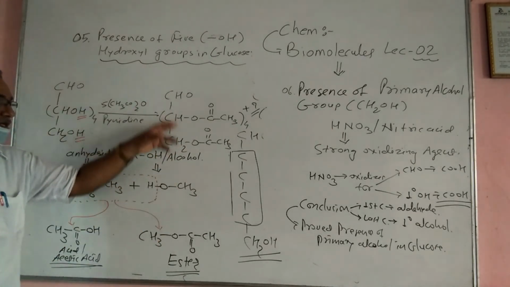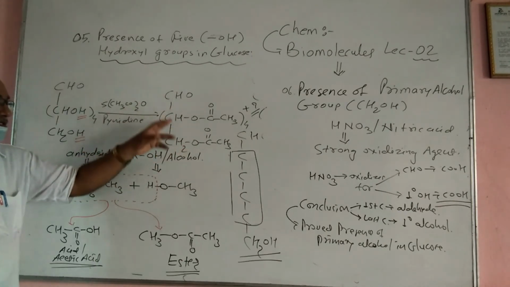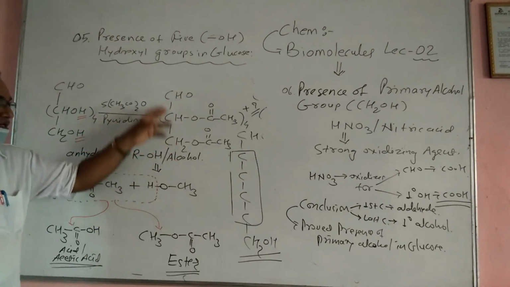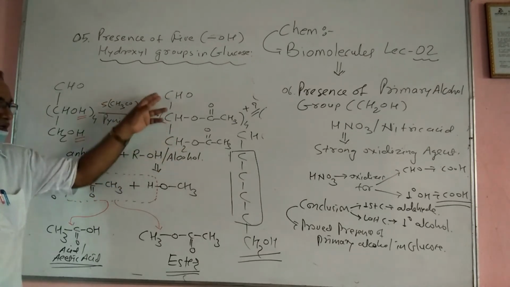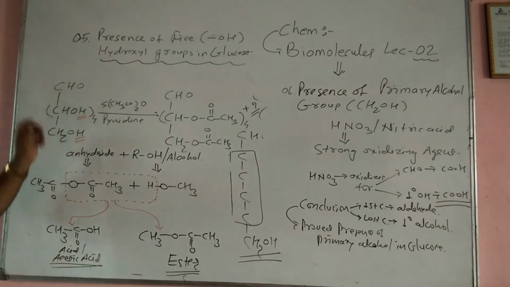So this is the penta ester, which exists as a stable penta-acetate. This confirms that glucose has five hydroxyl groups in it.